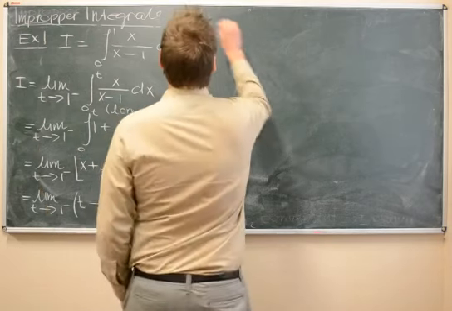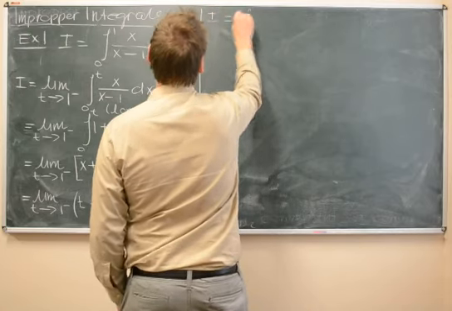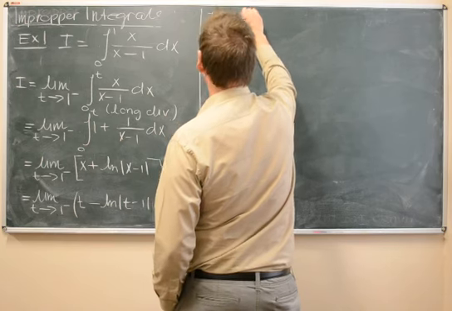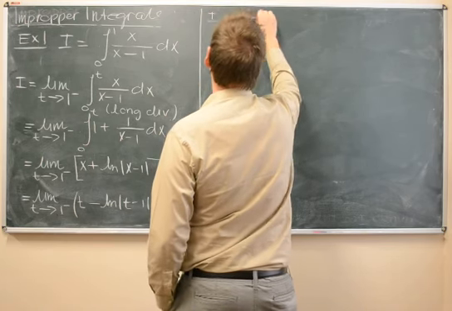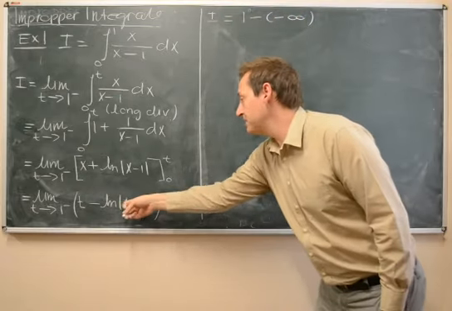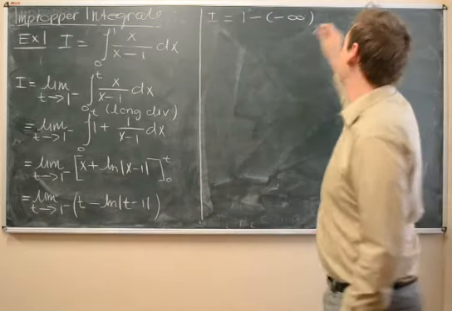So our integral, as t goes to 1, is going to be minus infinity, because ln of t minus 1 goes to minus infinity.